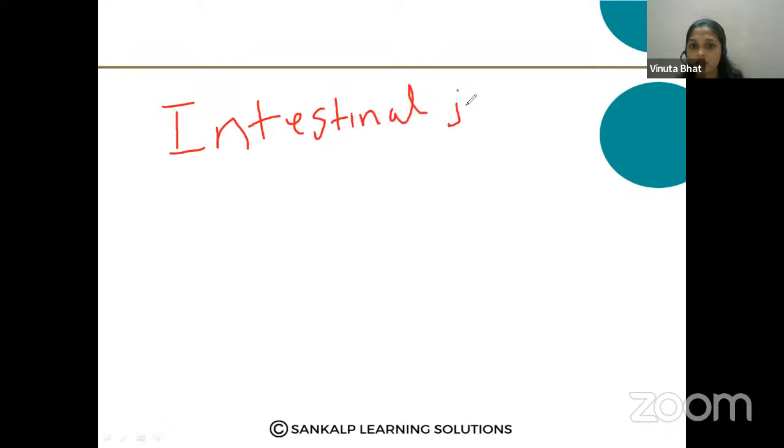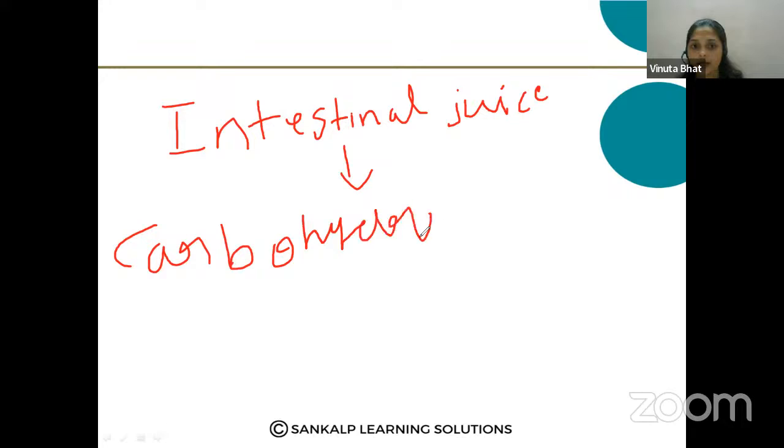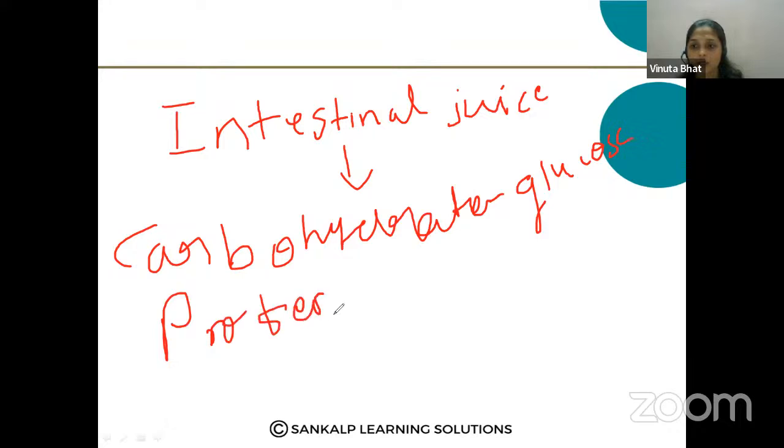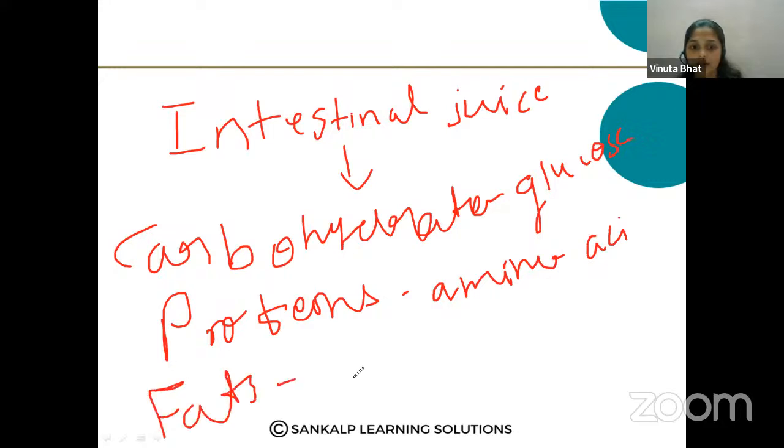This intestinal juice will convert the food material, like nutrients, carbohydrates, I will write it in short: carbohydrate into glucose, very important, proteins into amino acid, and fats into fatty acid and glycerol.